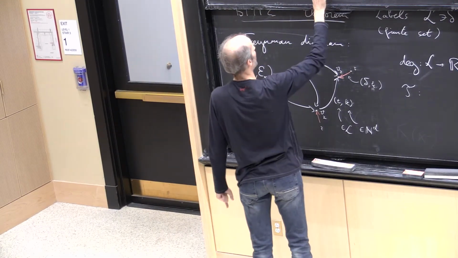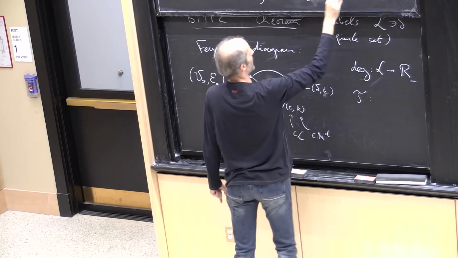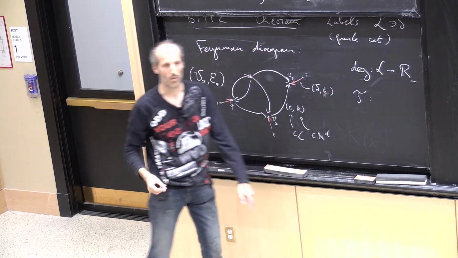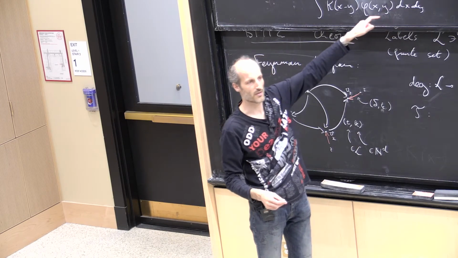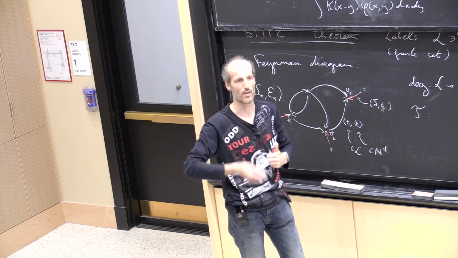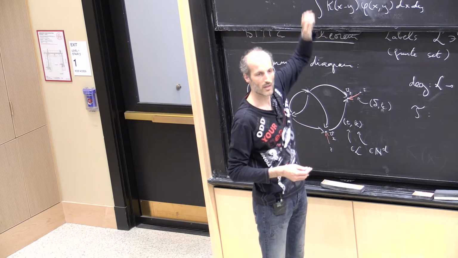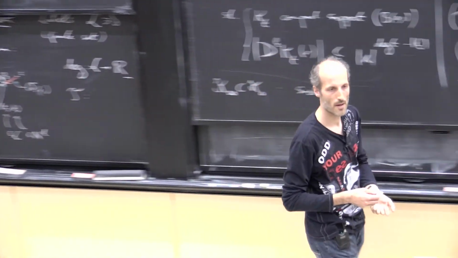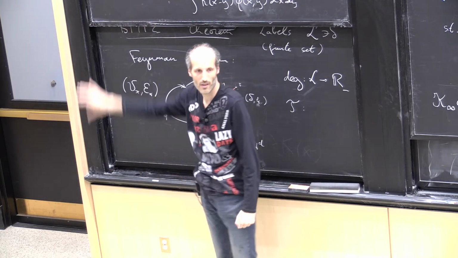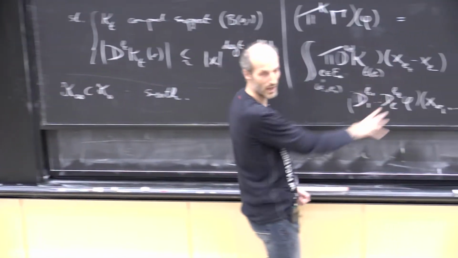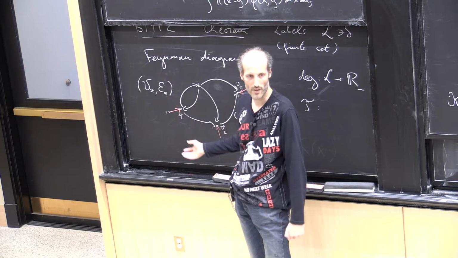So here it becomes something like an integral of k of x minus y, phi of x y, dx dy. But now, of course, you can do a change of coordinates, so you have x minus y and x plus y. You just integrate over x plus y. And then making sense of that integral is really the same as making sense of that distribution up there. So this is a sort of baby special case of this general valuation, which now associates a distribution to every single Feynman diagram of that type.